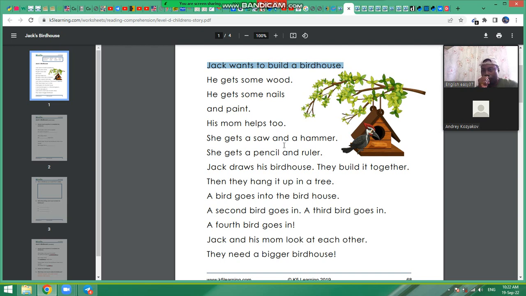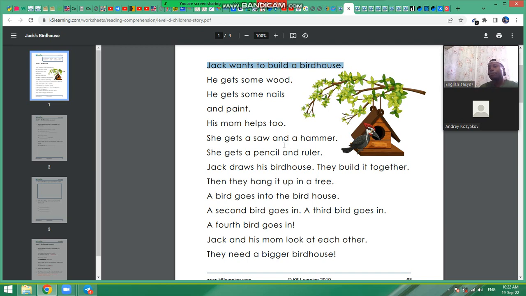It means present in a different form. I don't remember exactly the name of this form, but it clearly shows that Jack is doing this right now, in this moment.